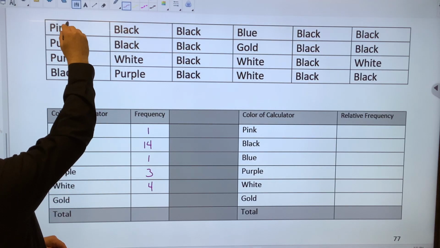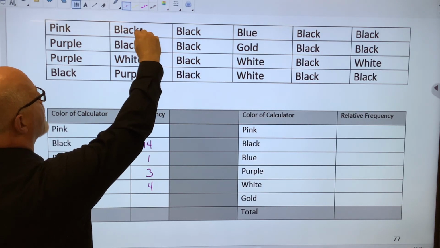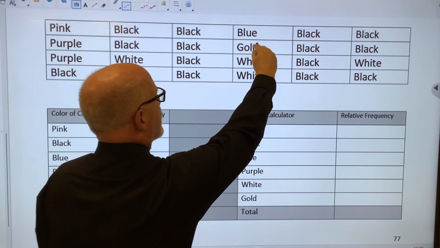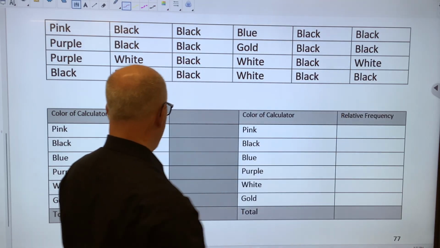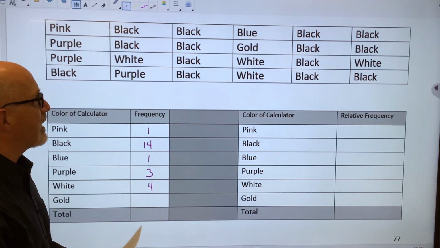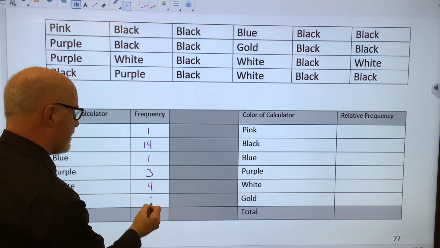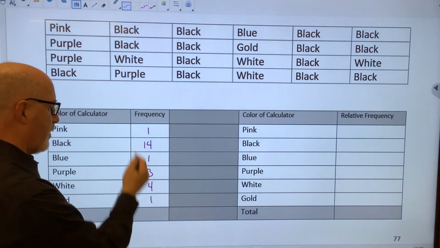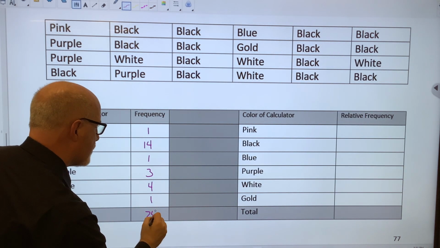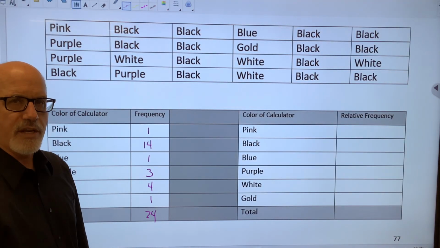So let's just go down here: 1 on this list, 2, 3, there we go. There's the other one, and 4. So we got 4 on the list. And then we count the number of gold calculators, and as I look at this, I think I only see one of them. So if you add that up, there's 24 students, 24 calculators.